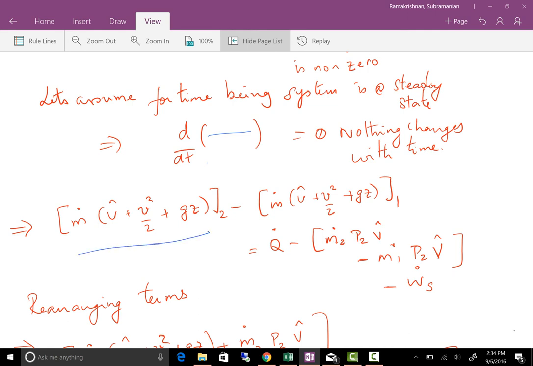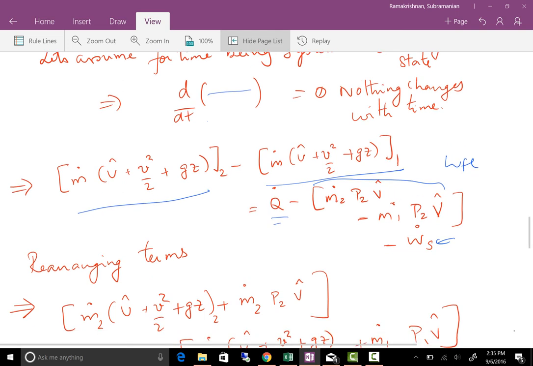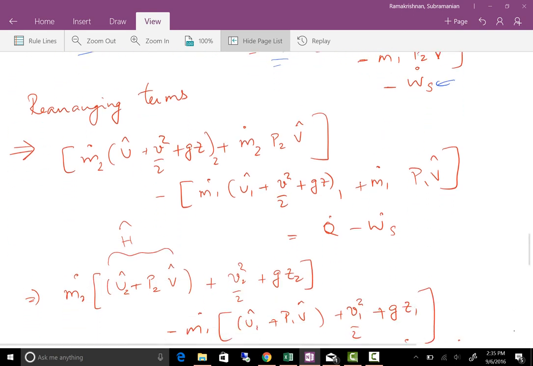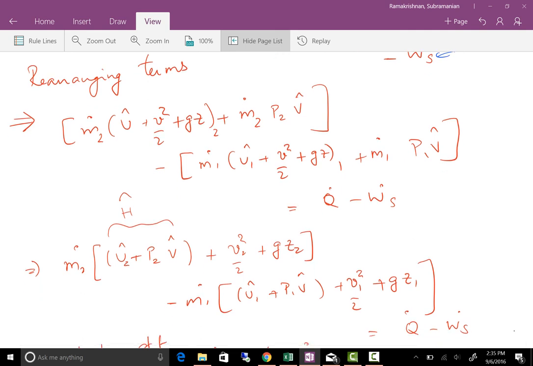Rate at which energy comes in is Q dot. This is your flow work, and this is your shaft work, right? The work term consists of two terms, flow work and shaft work. Now you can rearrange the terms. You can take the flow work to the left hand side. When you take the flow work to the left hand side, as you can see, you get the same expression that you have in mass and energy balance too, right?